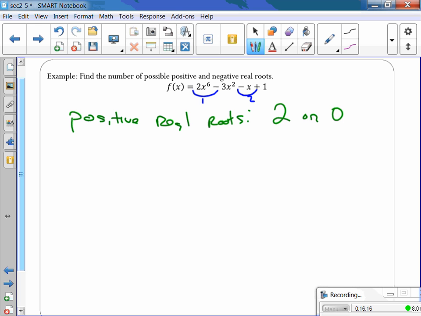Once again, to find out those negative real zeros, what do I get with f of negative x? Absolutely. 2x to the 6 minus 3x squared plus x plus 1. Telling us what?